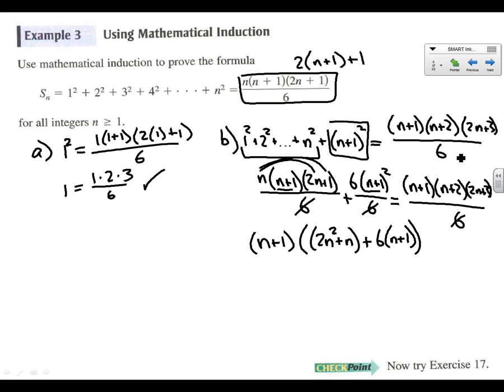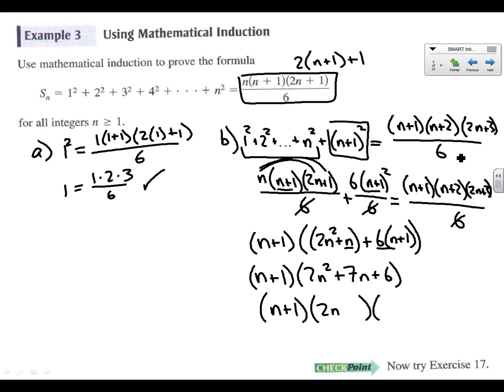Okay, just going to clean up the left side here, n plus 1, and then we've got 2n squared plus 7n plus 6. And let's see if we can factor that. n plus 1, that's going to be 2n and 3 right here and a 2 right here.